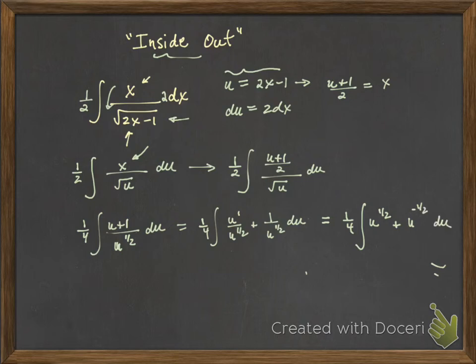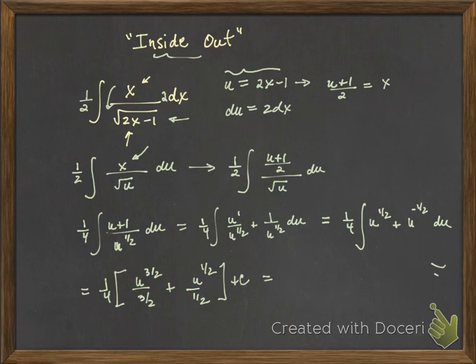So now I just do the power rule. So I have a 1/4 times u to the 3/2 over 3/2 plus u to the 1/2 over 1/2. All of that plus c. Let's clean this up a little bit. So that's really, I'm going to distribute that 1/4 and flip my fractions.